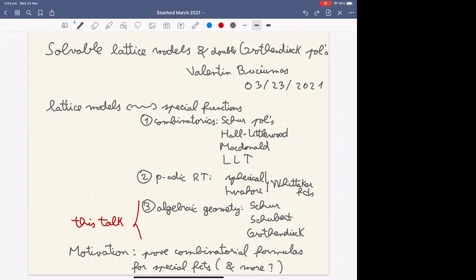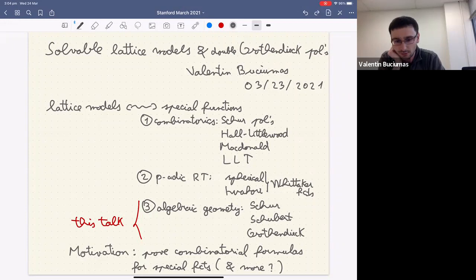So far we've seen lattice models appear in different contexts. And one context, especially emphasized in Ben's talk, is that you can use lattice models to represent certain special functions.